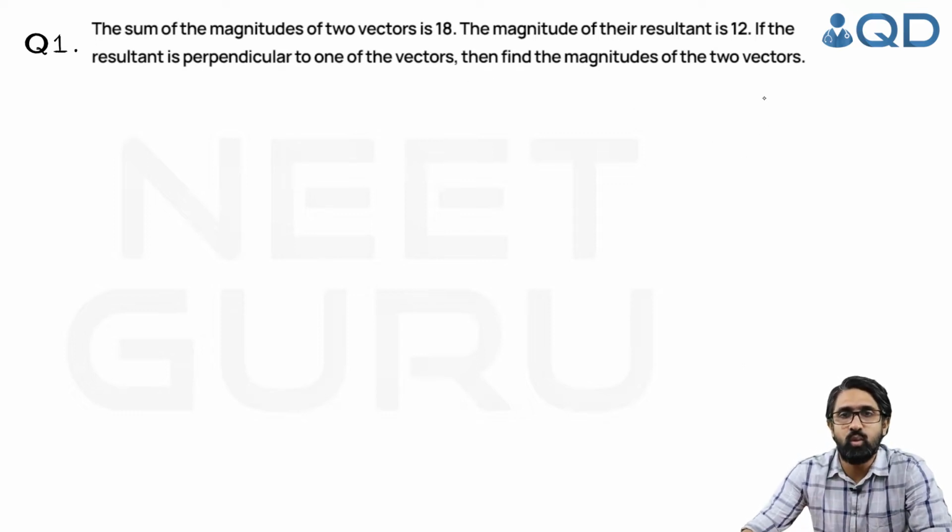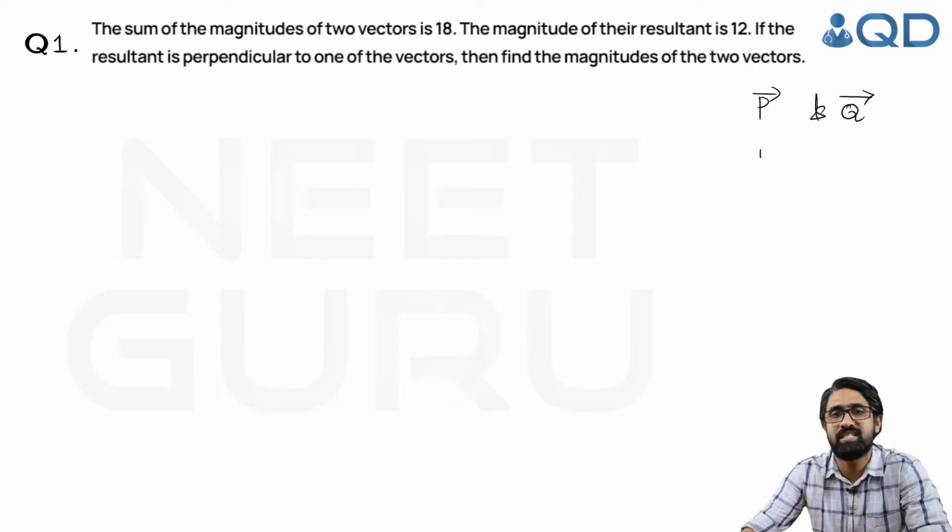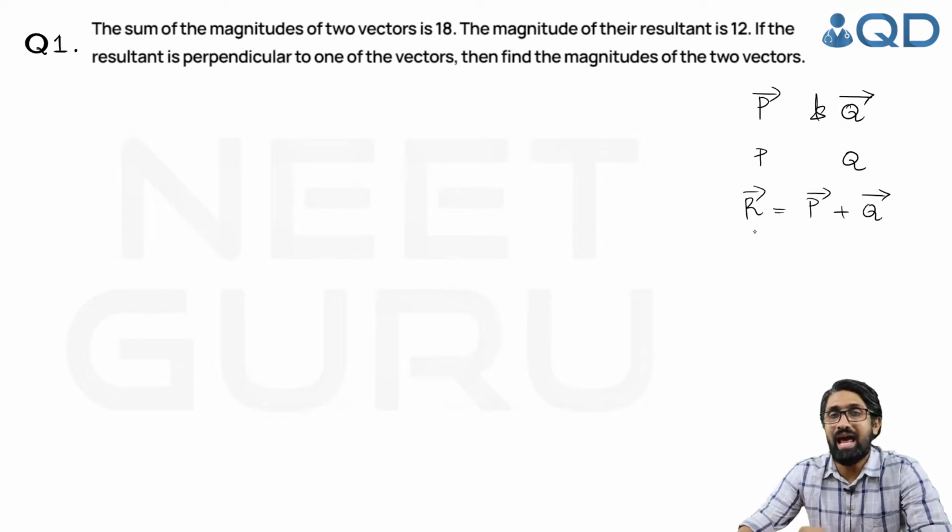So please imagine two vectors, p vector and q vector, and their magnitudes will be simply p and q. Modulus of vector p will be simply p, modulus of vector q will be simply q. And their resultant r vector, which is equal to p vector plus q vector, will have a magnitude equal to r.